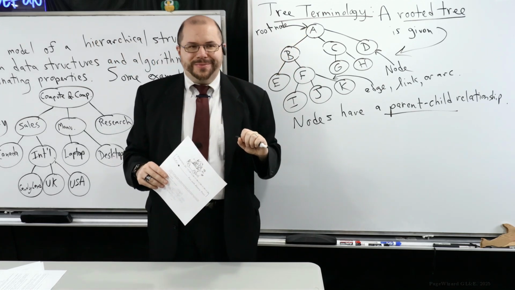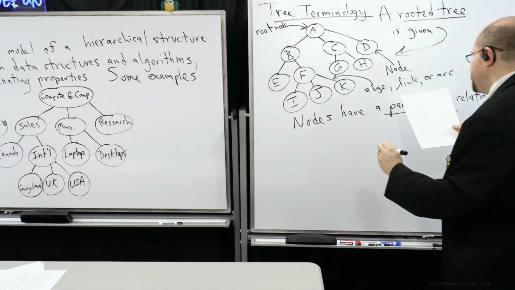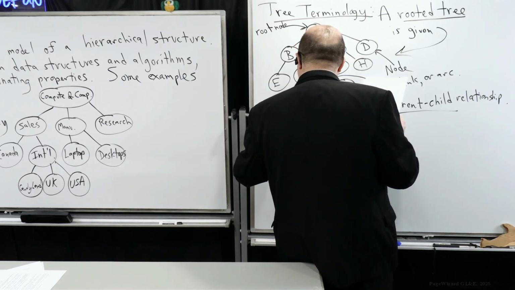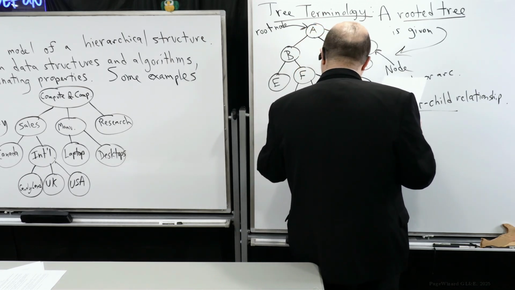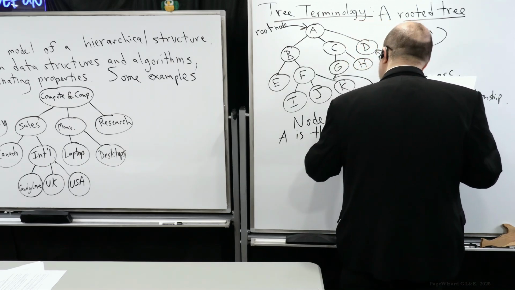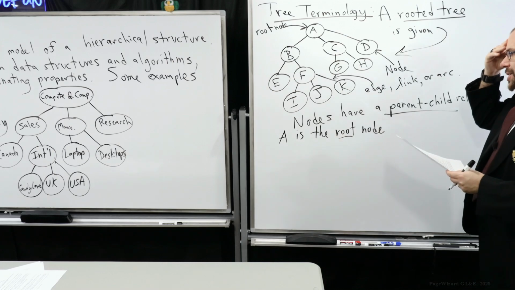Is that clear to everybody? Just to clarify, A is the root node in this example. And I want to ask you a question.